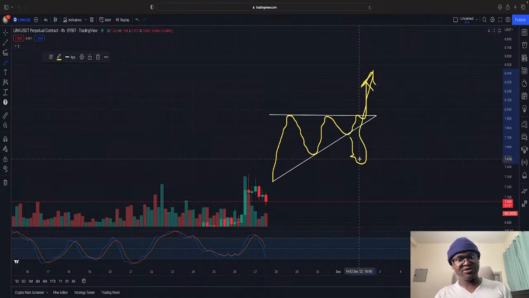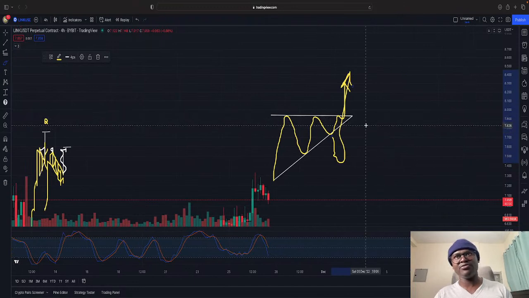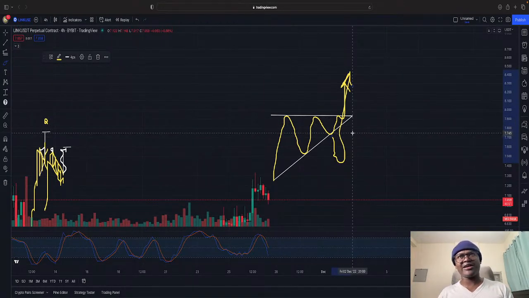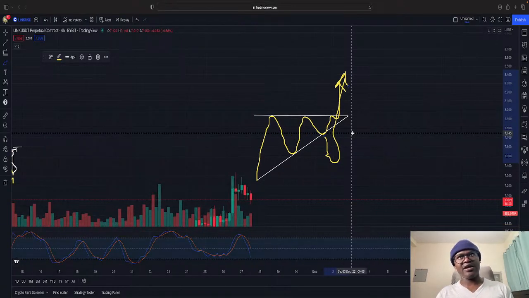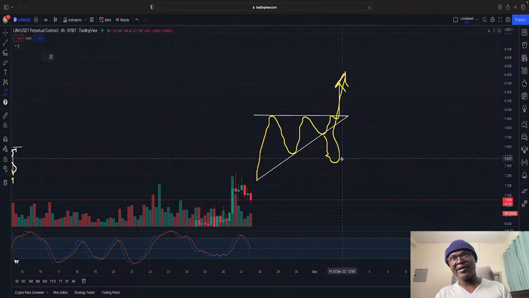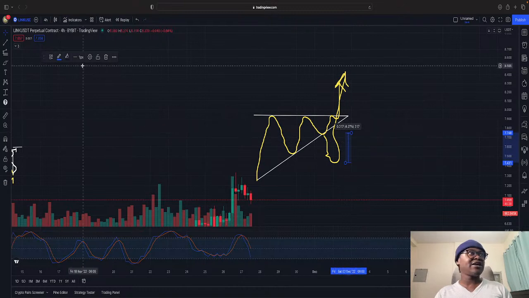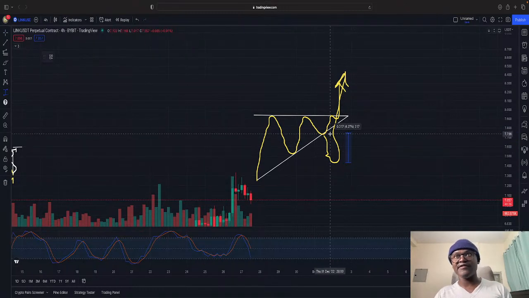Remember, we are trying to capture the entire move. All right, I'm just gonna show you what I do. If you are buying or longing, it does not really need to be with futures trading. If you want to buy here, and you buy here, it will make you 4% profit already, added to what you would have made if you bought here.